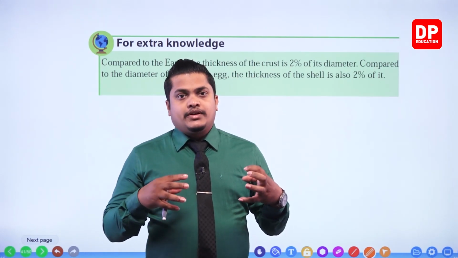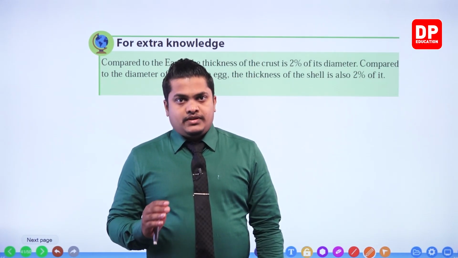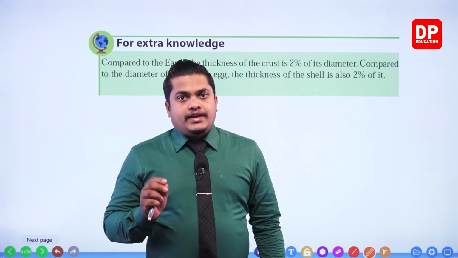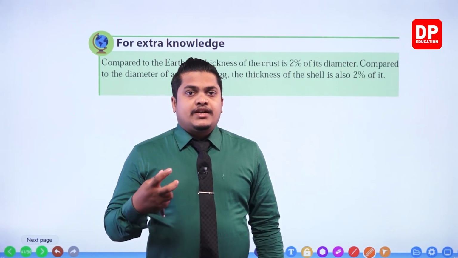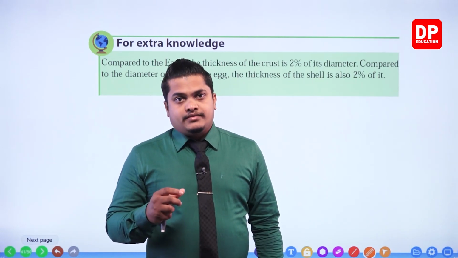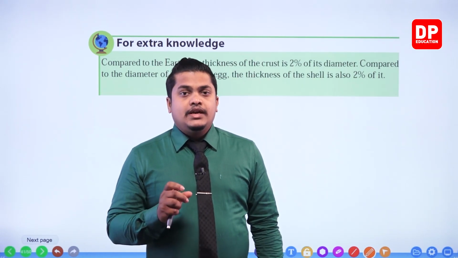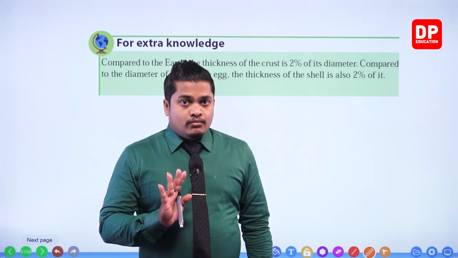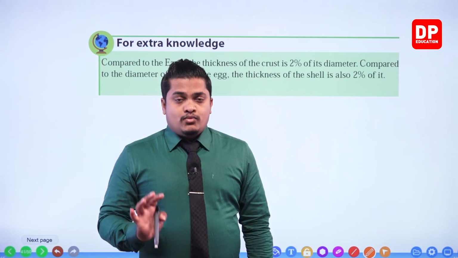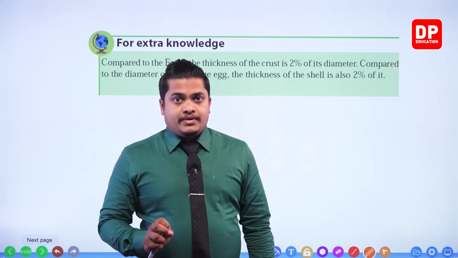Here we studied the tectonic plates and the structure of the earth, like the crust, mantle and the core. And we studied plate tectonics, that means the movements related to tectonics. We studied three different border movements: convergent, divergent and slip.